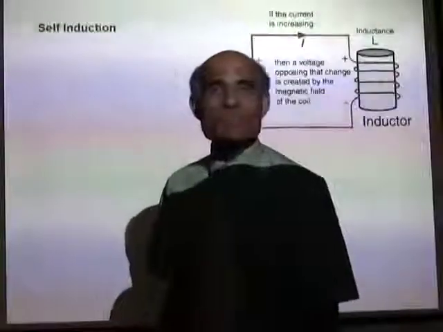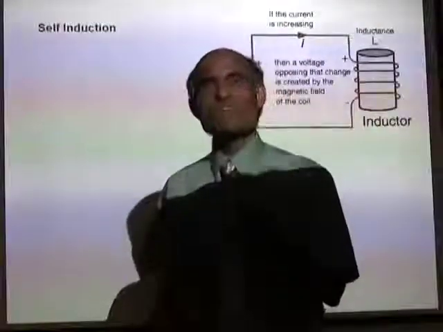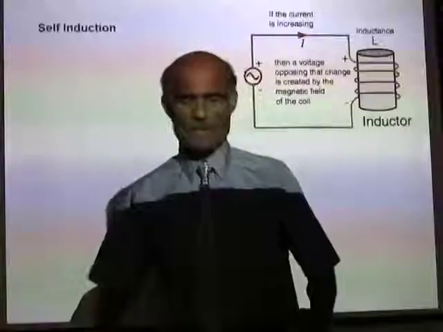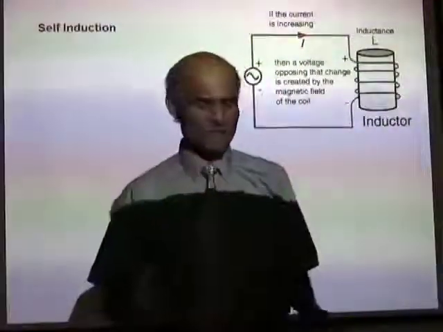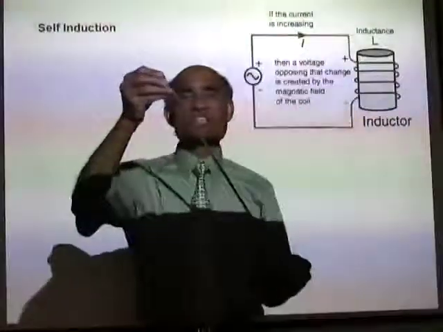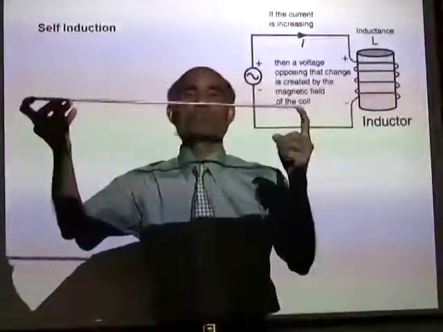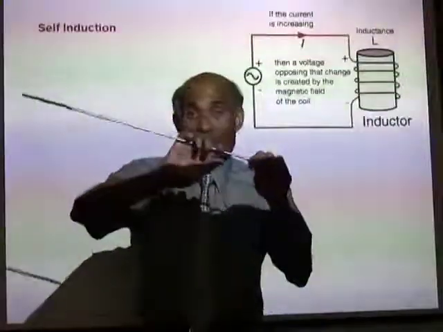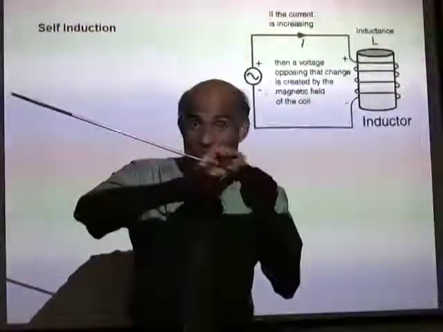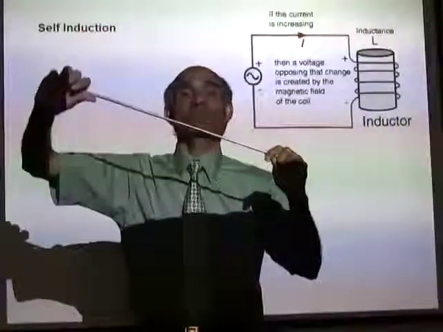Our next concept is what is called self-induction. I want you to understand that concept well. What is self-induction? Now, suppose I turn on a current that flows in this conductor. When I turn on a current, the current in this conductor will first have to increase from 0 to a maximum.